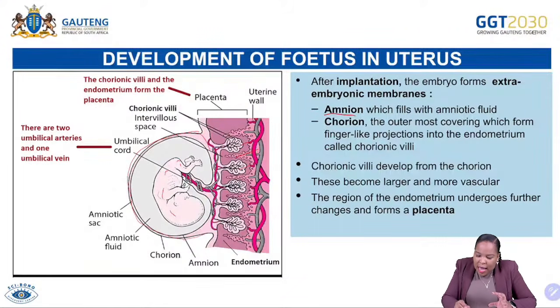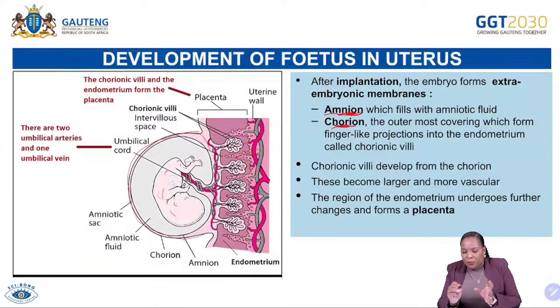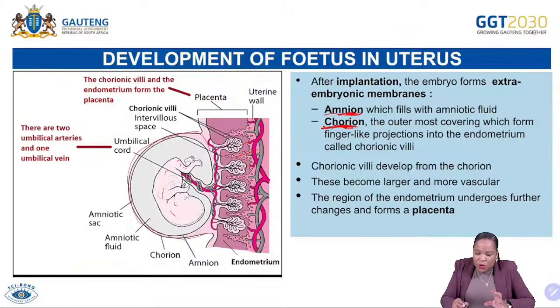Please read about the amnion, the chorion, and remember, don't confuse this with the choroid of the eye. You're going to learn about the eye soon with Suki. And then the chorionic villi, also just note, and the placenta, the roles of all these layers in the protection of the fetus.